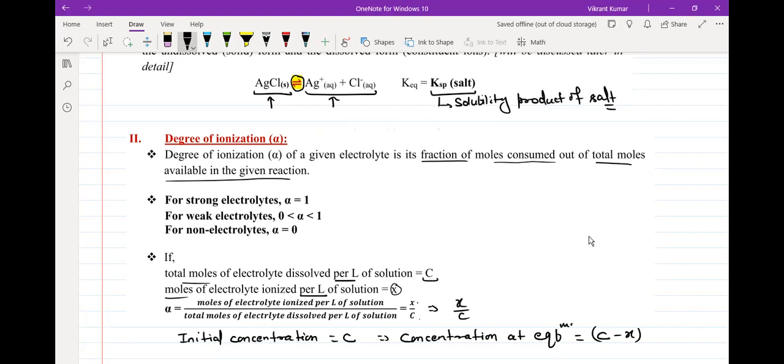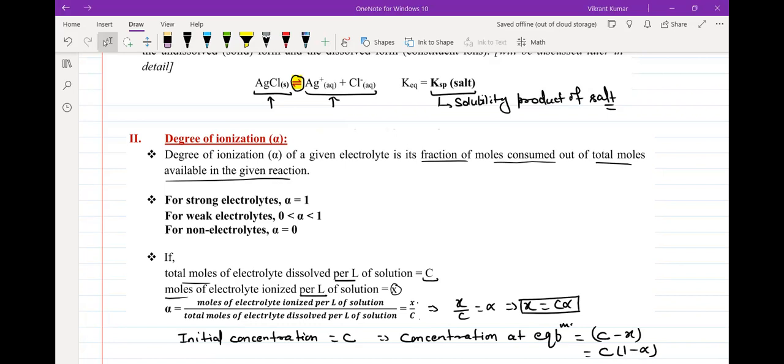If you see X by C को अगर मैं अल्फा लिख रहा हूं, so I can write X equals C alpha, which means it becomes C into 1 minus alpha है ना. So you'll see that I'll be using it frequently in the reactions. मैं सीधा लिखूंगा initial C था, at equilibrium C into 1 minus alpha. That itself gives you the idea that the degree of ionization is alpha, and that's why out of C, C alpha has been consumed, so the remaining is C minus C alpha, which can also be written as C into 1 minus alpha. ठीक है? ये सब basics हम लोग discuss कर रहे हैं, which I'm going to use frequently. Is it okay up to this point?